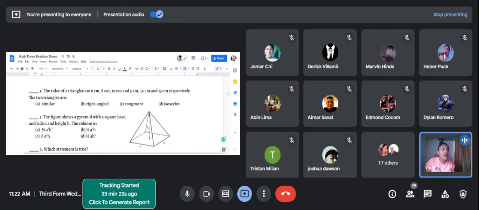When it says congruent, it means that if I have two triangles, one is going to be smaller than the other, they're different sizes, but they're the same triangle, same shape.